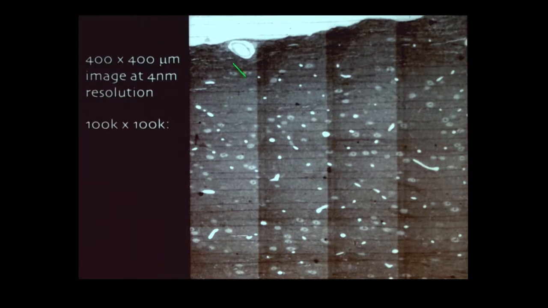That's what this image is here. It's 0.4 millimeters by 0.4 millimeters, taken at 4 nanometer resolution. That's 400 microns by 400 microns at 4 nanometers. That means this image is actually 100,000 pixels by 100,000 pixels.